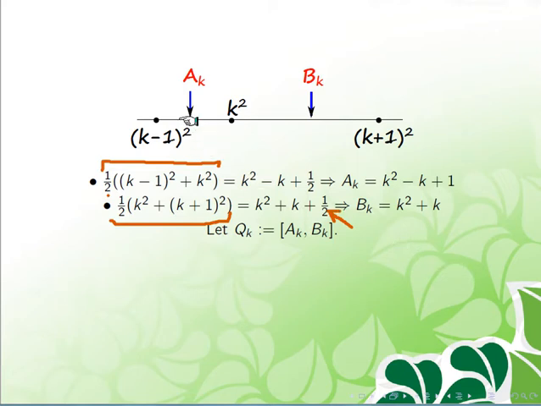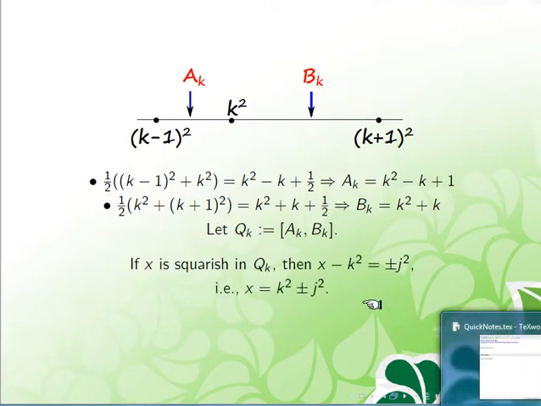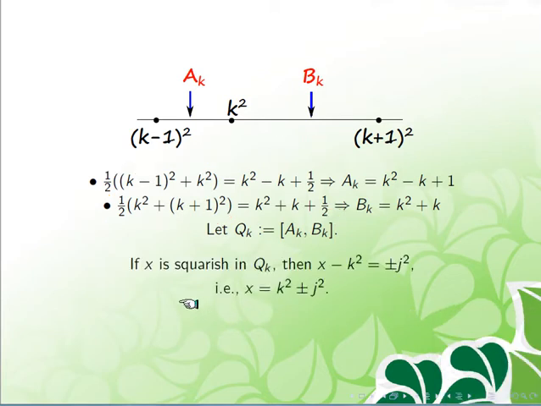Then we call this interval from ak to bk Qk. So our goal is, given k squared, between ak and bk, to count how many squarish integers there are. If you compute the distance from x to k squared, that itself is a square again. So let's translate that to algebraic terms.